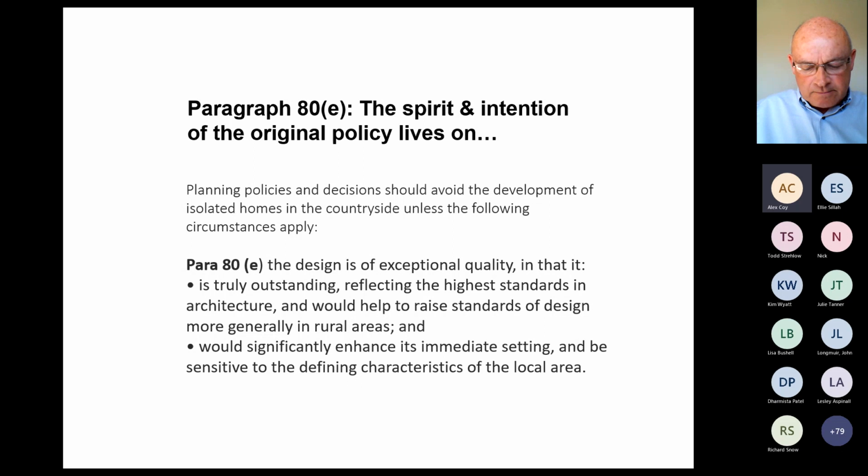So it's all about promoting design of exceptional quality that's truly outstanding, reflecting the highest standards in architecture. You all know the policy, but interestingly, the second bullet relates to setting and characteristics of the local area, just like Gummer's law in the first place. So the spirit and the intention of the original policy lives on.